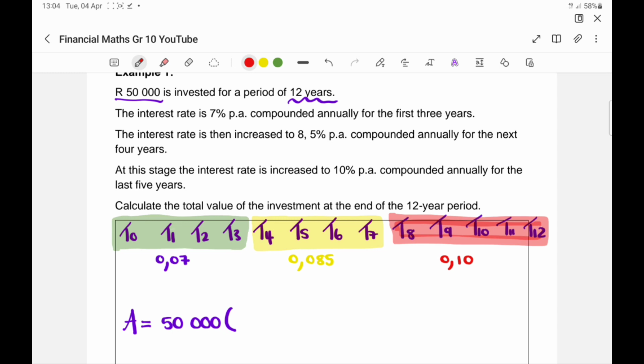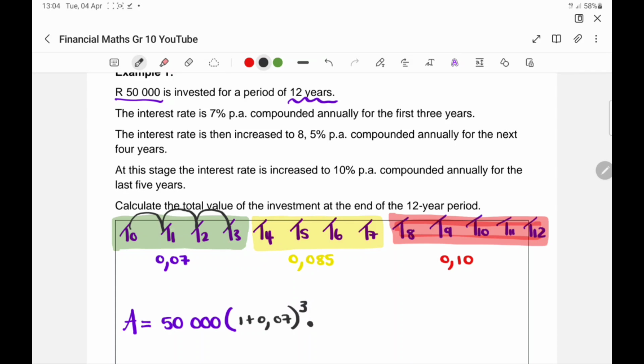Calculate the total value of the investment at the end of the 12-year period. Okay, so now, let me just get another color. So you're going to say, this 50,000 was invested at 1 plus 0.07, all raised to the power 3 for 3 years.